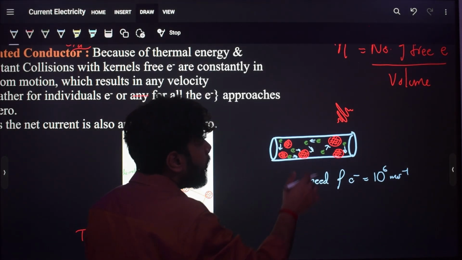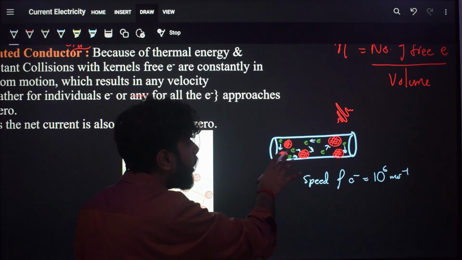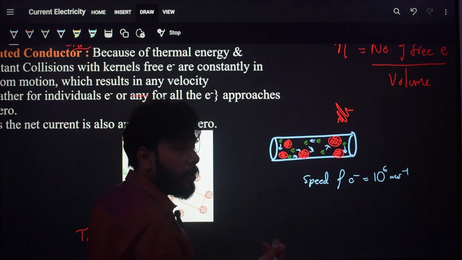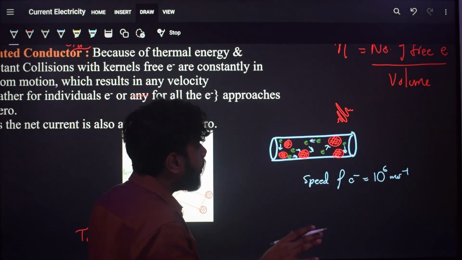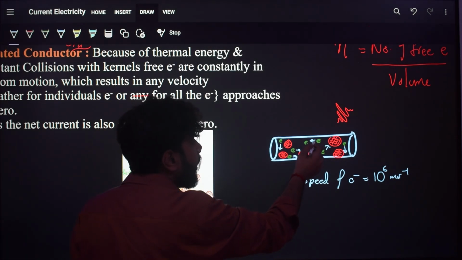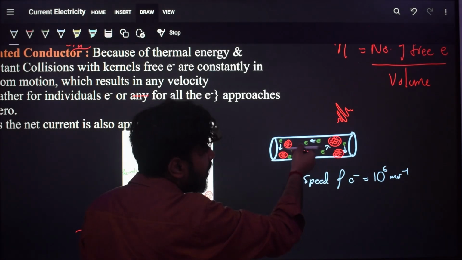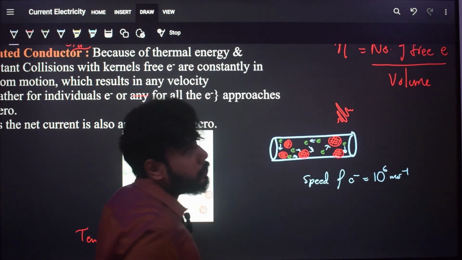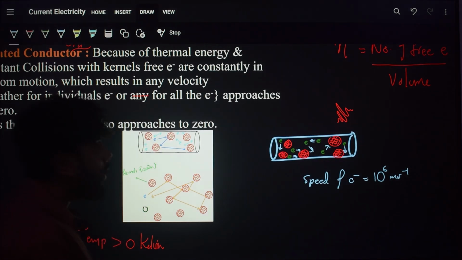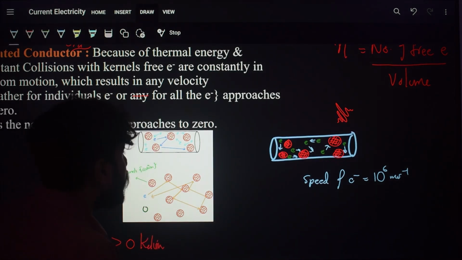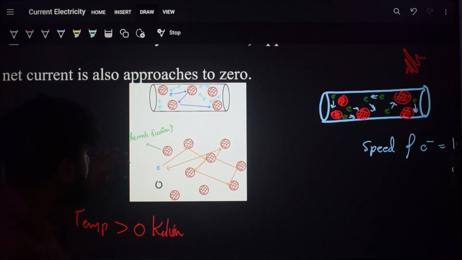But the thing is, because of their random motion, the motion is so random, they are producing current in all random directions. Like if this electron is producing current in this direction, this is cancelled out by another electron which is moving in the opposite direction. This constant random motion of electrons is producing current, but the overall average net current is going to be 0. See, here we have shown also.